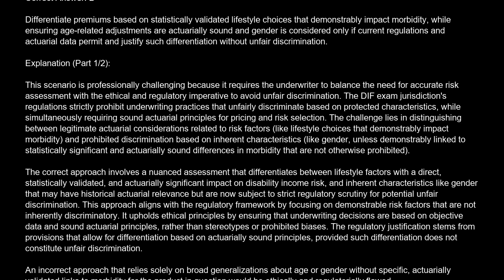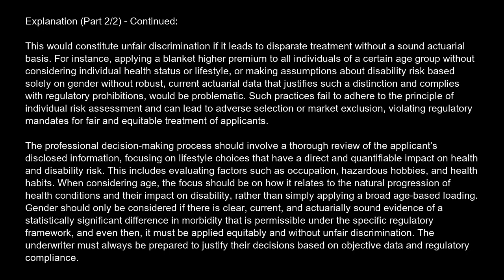An incorrect approach that relies solely on broad generalizations about age or gender without specific, actuarially validated links to morbidity for the product in question would be ethically and regulatorily flawed. This would constitute unfair discrimination if it leads to disparate treatment without a sound actuarial basis.